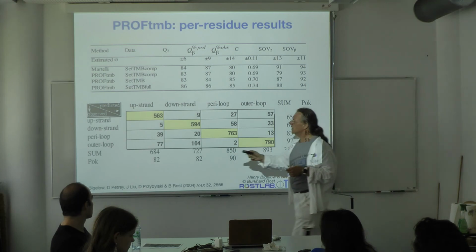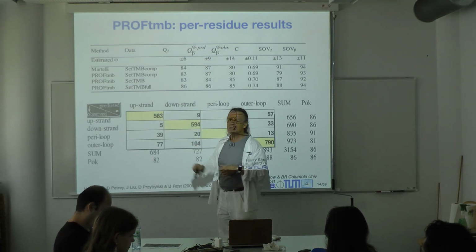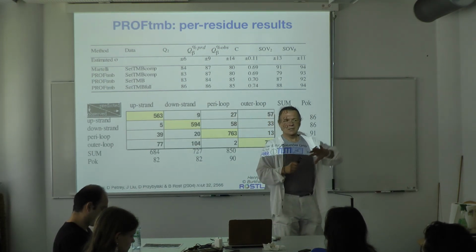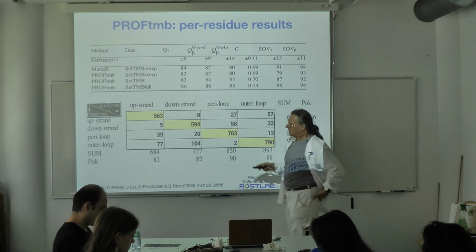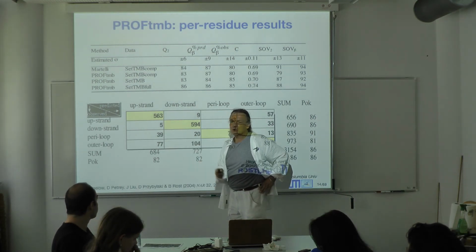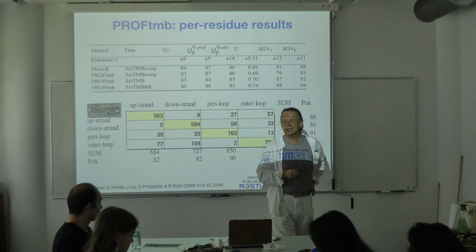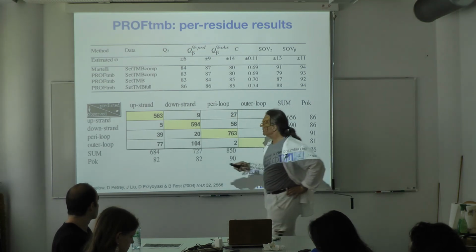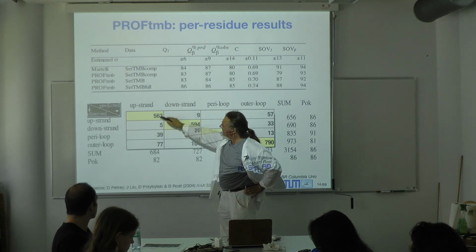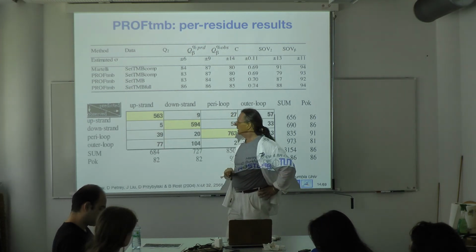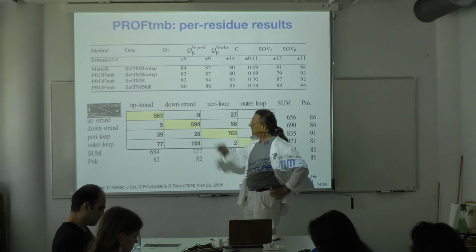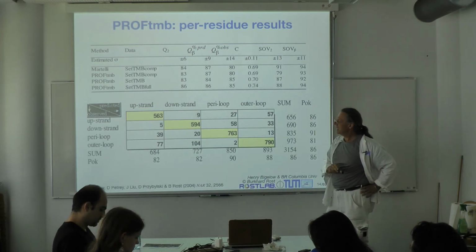So this confusion here, in some sense, has to do with the unclarity of the data. I'm not saying that these are correct predictions. I'm only saying that there's some gray area that explains why the biggest mistake that you make in an upstrand prediction is the one for the outer loop.